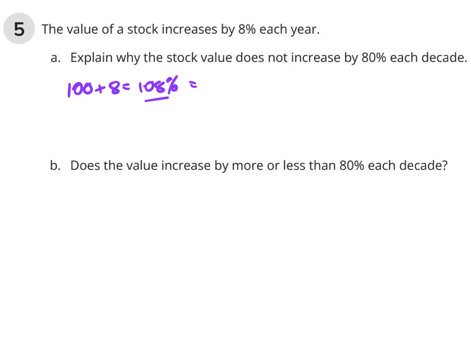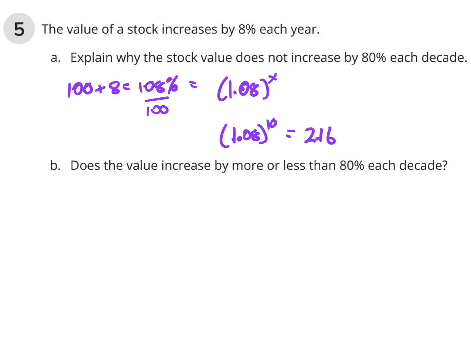So after dividing by 100, we get 1.08, and X stands for 1 year. So now, if we do a 10-year period, 1.08 to the 10th, what do we get? We get 2.15 and a bunch of numbers.